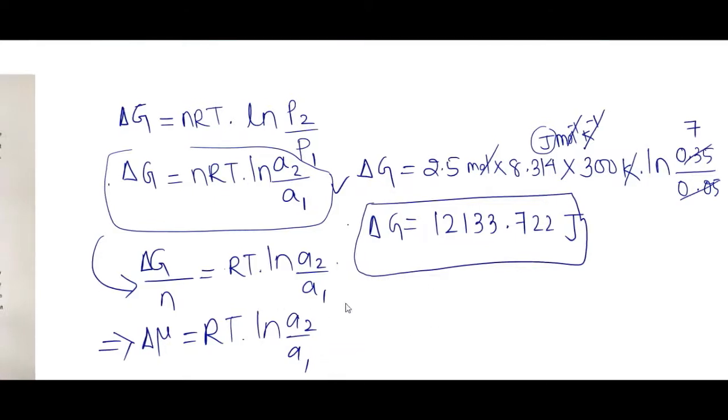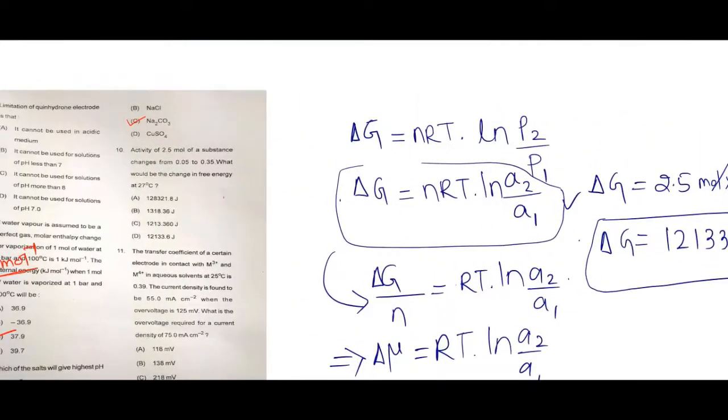So what will be the option? The option will be option D, 1.133722. So option D is the correct answer. Here we conclude question number 10.